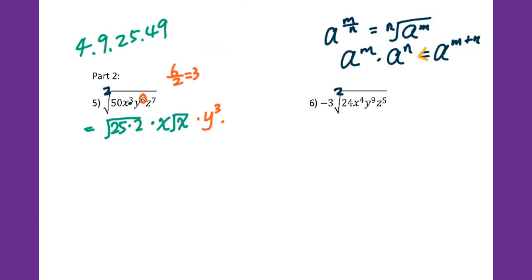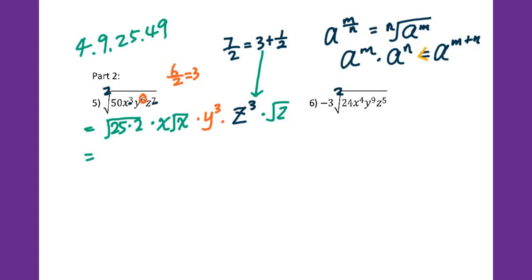And look at the z, that's 7 over 2. I can change it into a mixed fraction, that is 3 plus 1/2, because 7 divided by 2 is 3. That's how you get the 3 plus 1/2. So you can get z to the third power from here. Then 1/2 power will be square root of z.